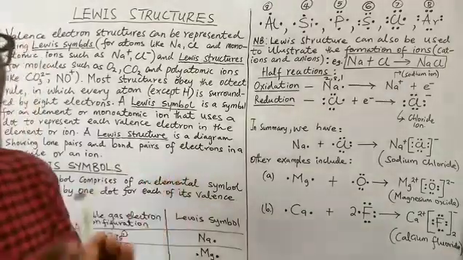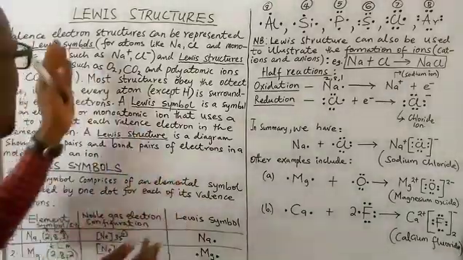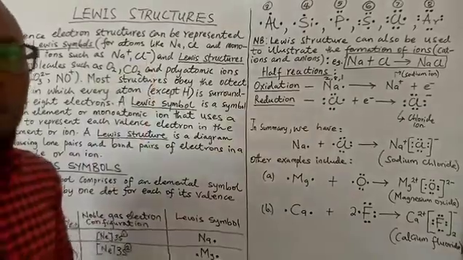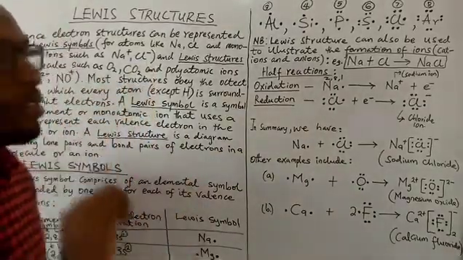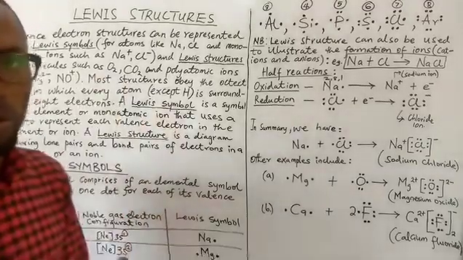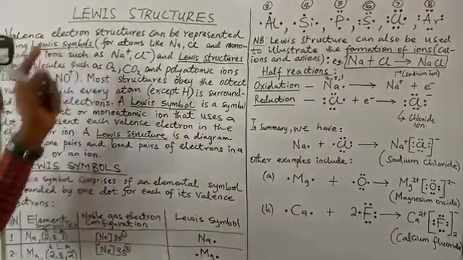So if we want to depict the valence electron structures, or a structure that shows how the electrons in the outermost shell of this species are drawn, we use Lewis symbols.